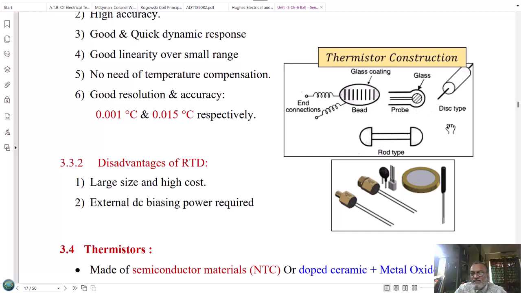Whereas the rod type of thermistor is shown here, where these two ends are connected to the external wire. It's a simple semiconductor bar, or it can be a disc or a rod of semiconductor to which the metal wires are connected.